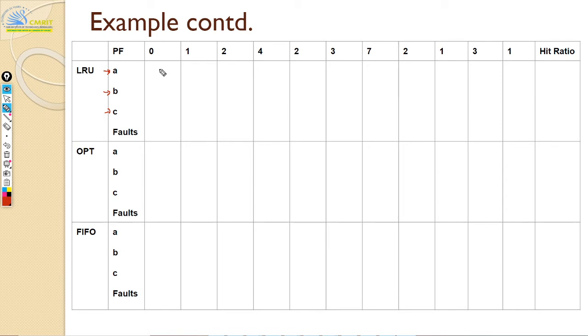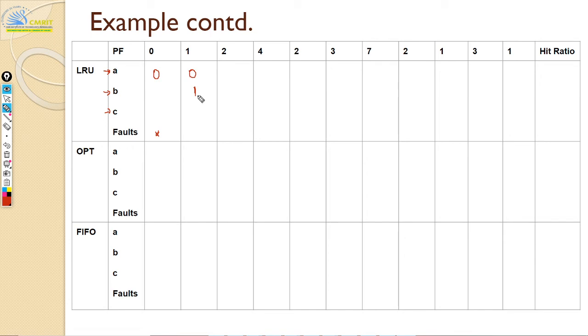First you have all three slots empty, so you will bring your page 0 here. We'll just follow a simple one, so you replace A with 0. Is it a fault? Yes, it is a fault. Next you have your 0 already here. You don't have to replace it because you have free slots, so you put 1 here in slot B. Do you have a fault?